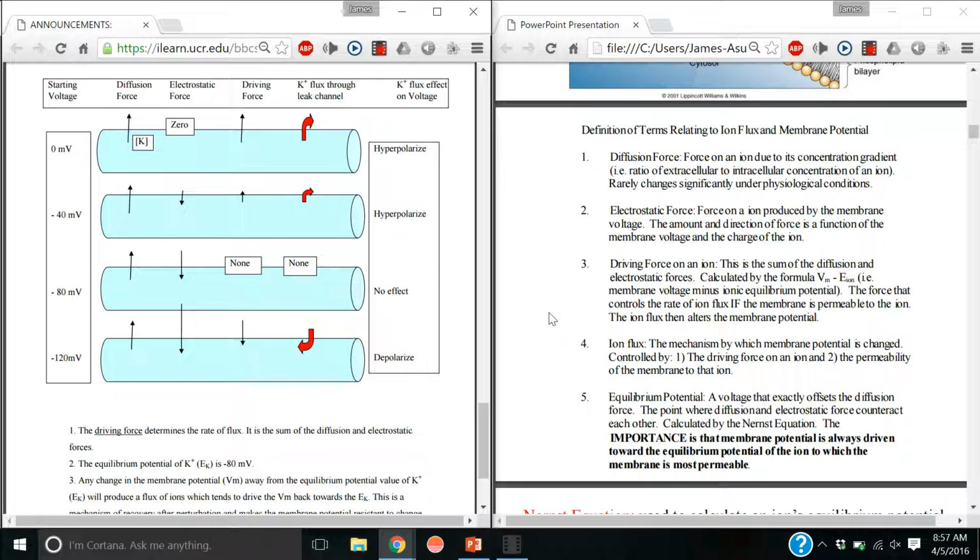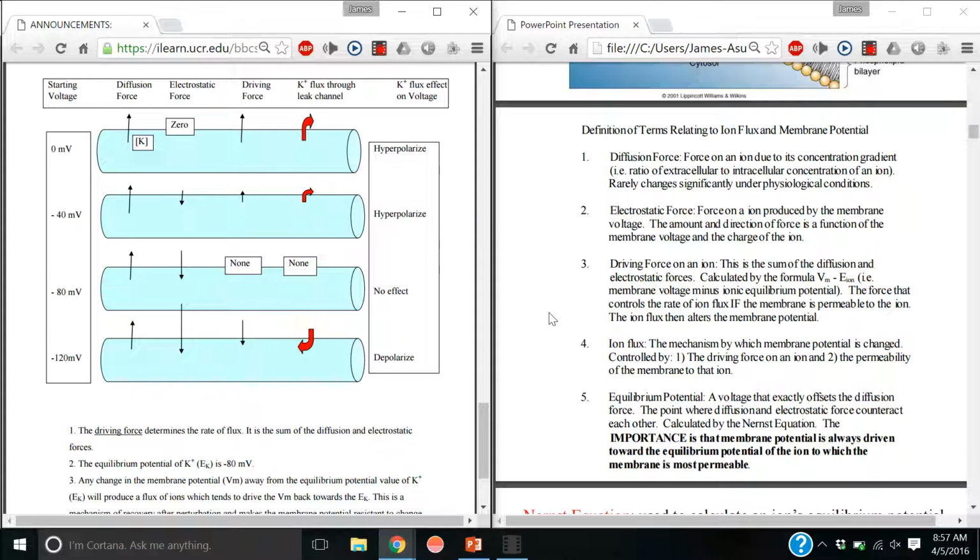Nevertheless, the diffusional force at minus 40 millivolts is greater than the electrostatic force pulling the positively charged ion in, and so the net driving force is still outward. Potassium will still flow out and further hyperpolarize the membrane potential down to minus 80 millivolts. That's not a randomly chosen number. Why I chose it will become clear later.